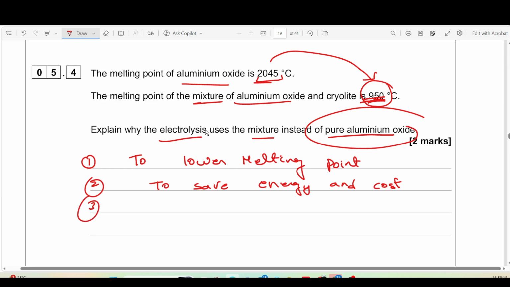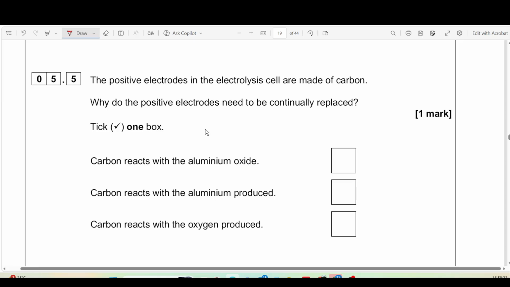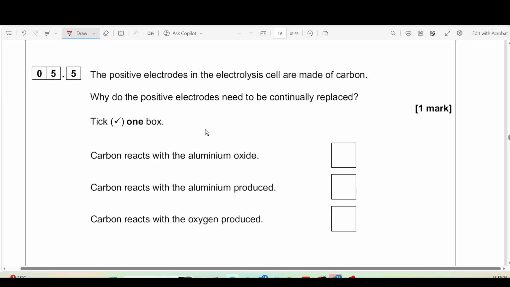Third one is to increase conductivity. You can write any 2 points and explain them as I explained already. If you want to write, you can pause my video, understand what I'm saying, and then write the answer. This will also help you to actively participate in solving.